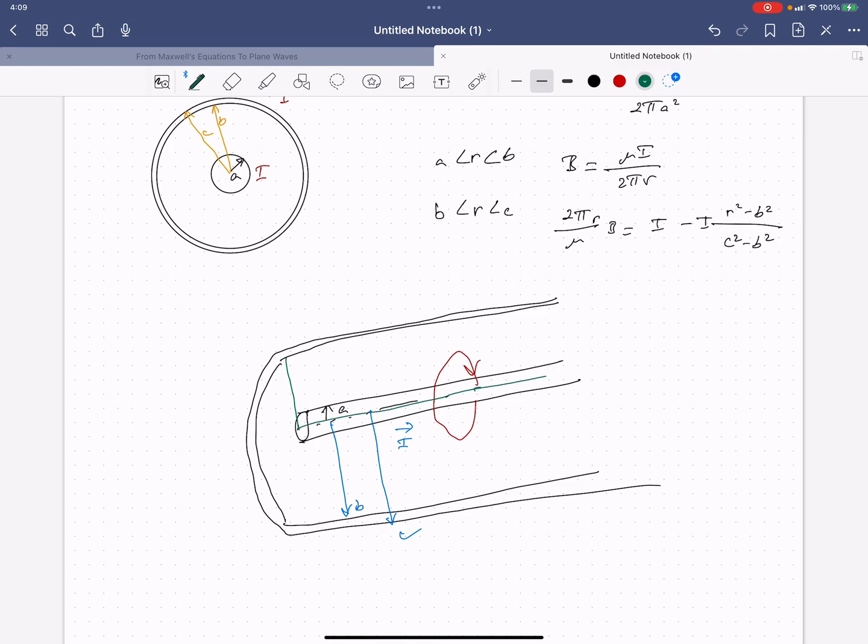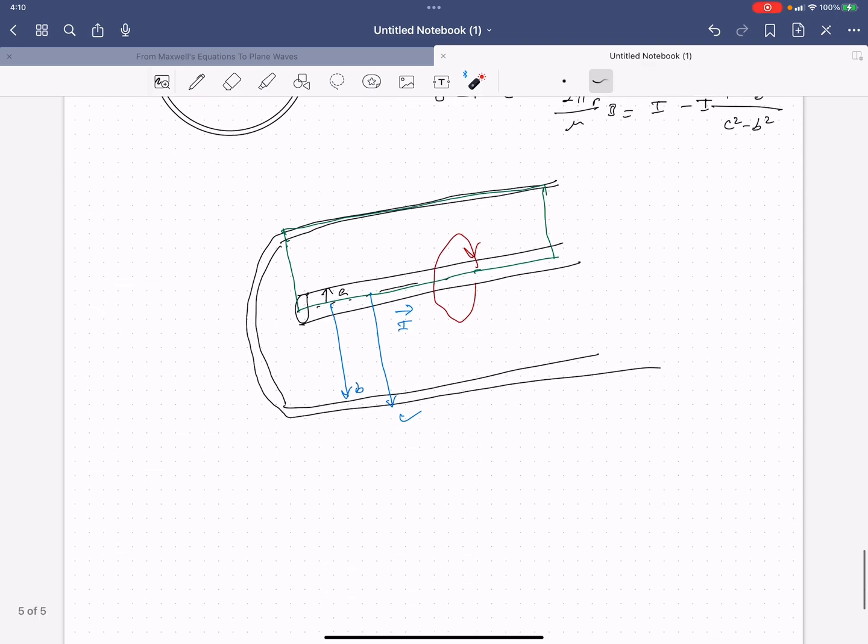This is a surface where the magnetic field is going to cross once. So this surface will be crossed once for each one of these magnetic field lines. So from there we can get the flux linkages.